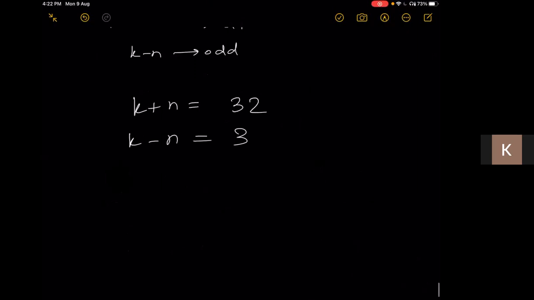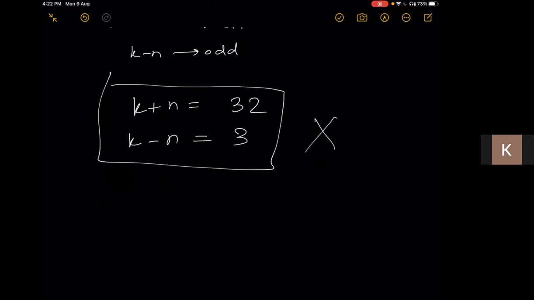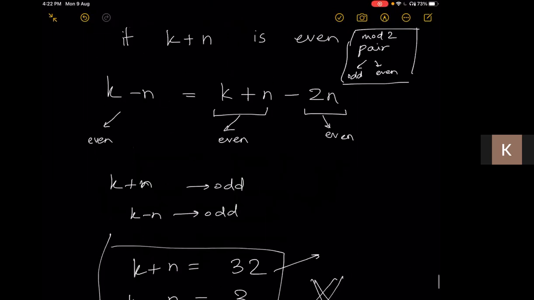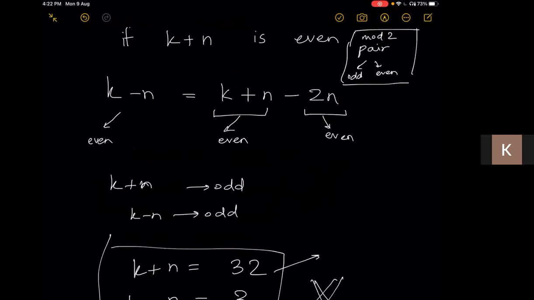Why? Because one is odd, one is even. If you solve, you will get fractions for k and n. So you can check that this is invalid. I'm just telling you these things because maybe you will use them in problems. These little things, if you keep in mind, may help you someday.